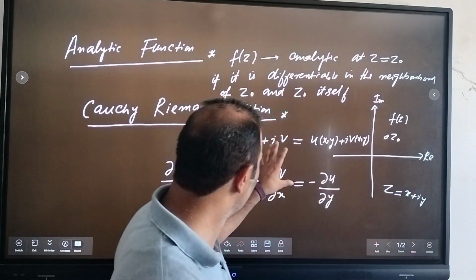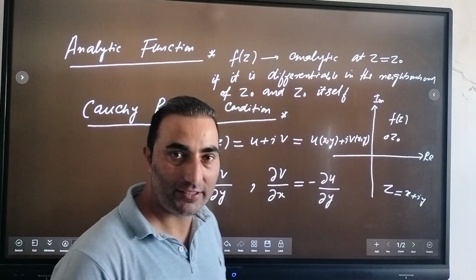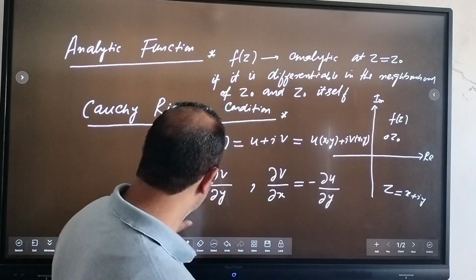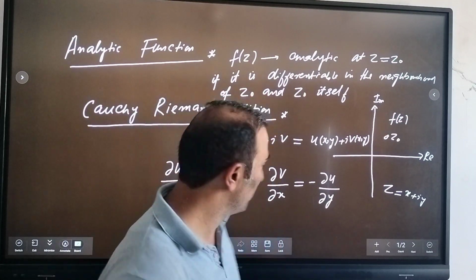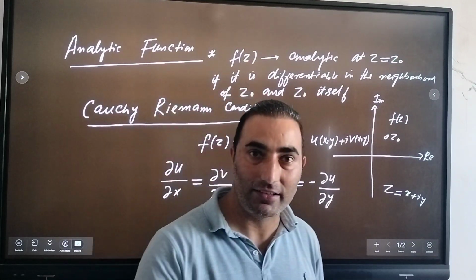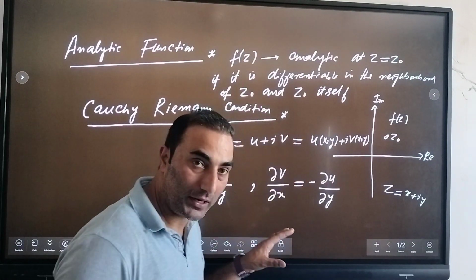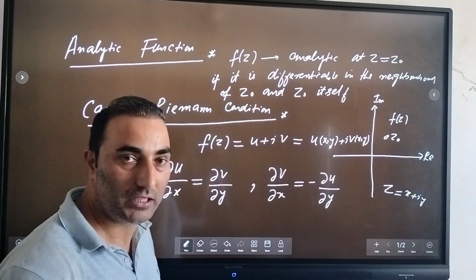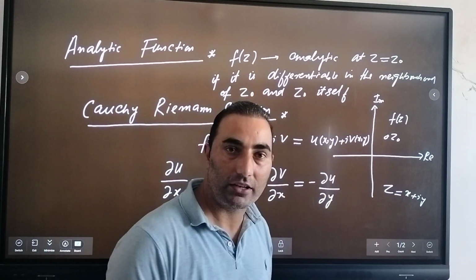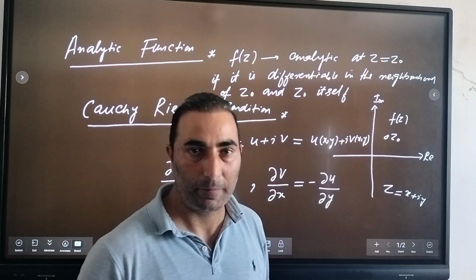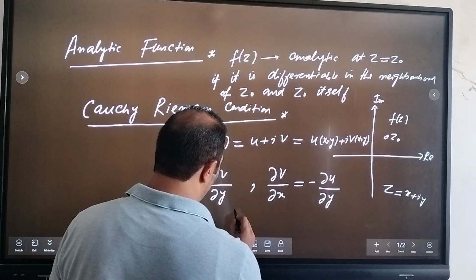The Cauchy-Riemann condition says that if partial u by partial x is equal to partial v by partial y, and partial v by partial x is equal to minus partial u by partial y, then f of z will be analytic.